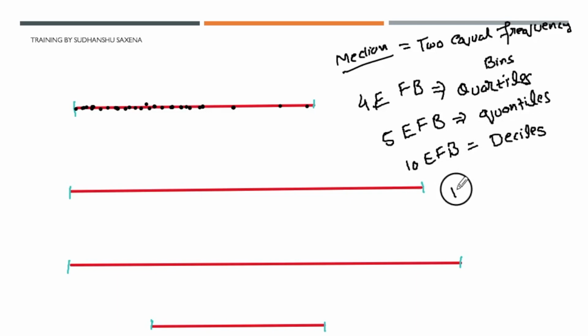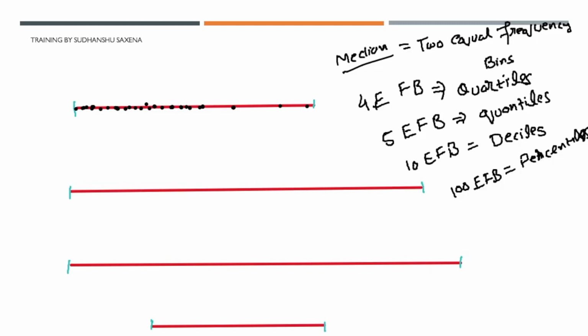And if I divide my data into 100 equal frequency bins, it's not 1000, it's 100, then I will call them percentiles, right?